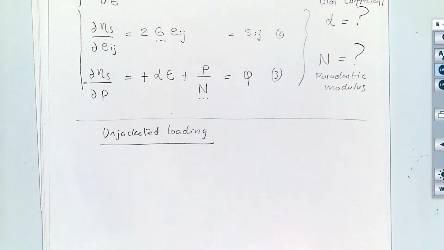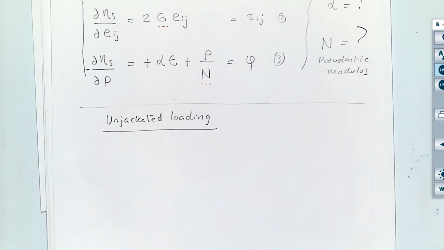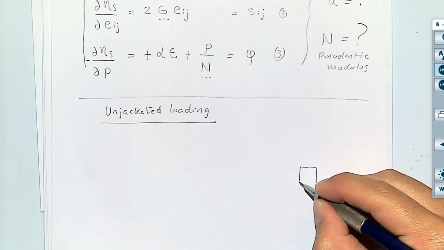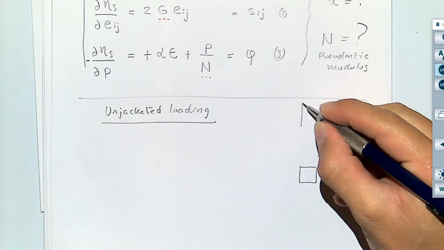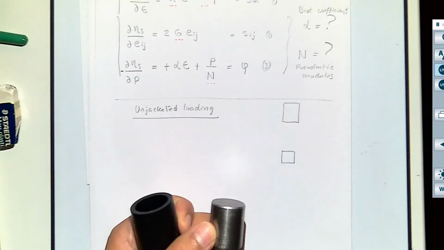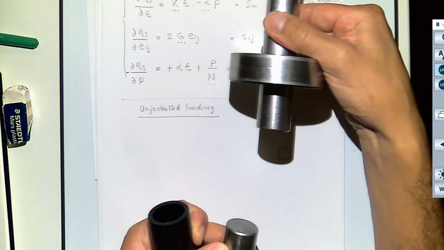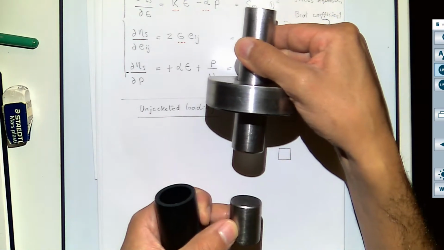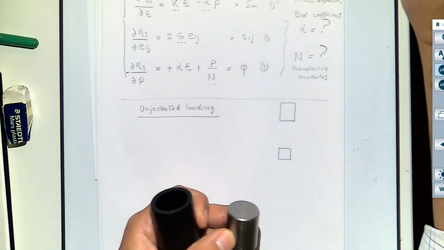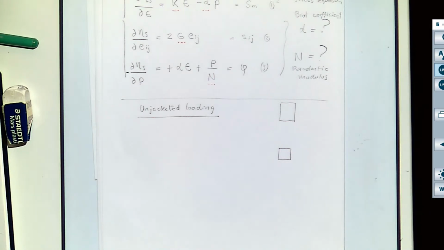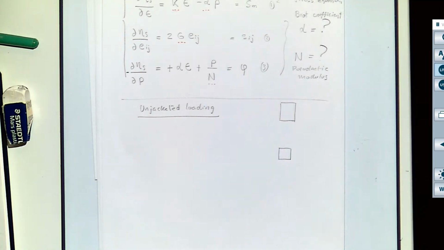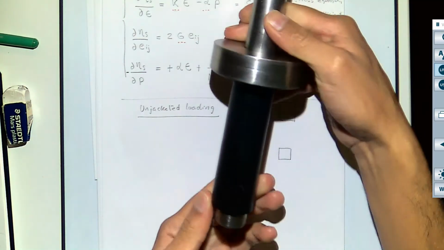Here we have usually an end cap, bottom end cap, top end cap, which will be, this will be the bottom end cap. This one will be the top end cap. And in the middle, we put the rock, which I don't have in this case. And then all of this goes inside this membrane. So the final assembly looks something like this.